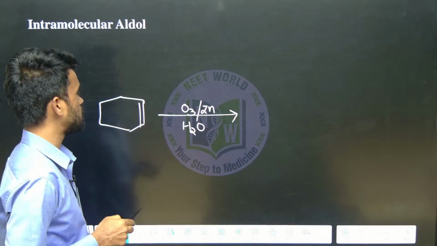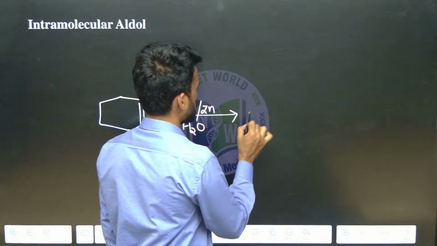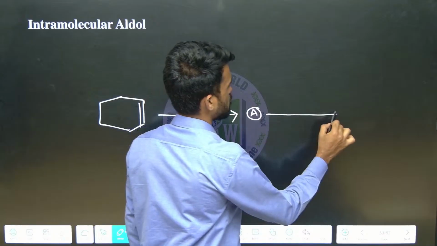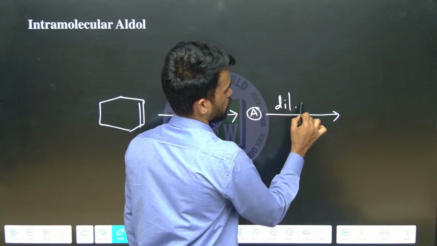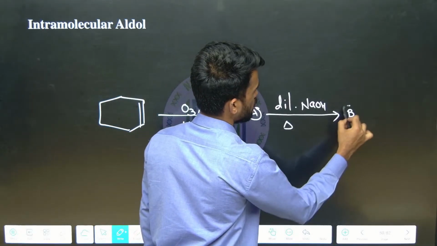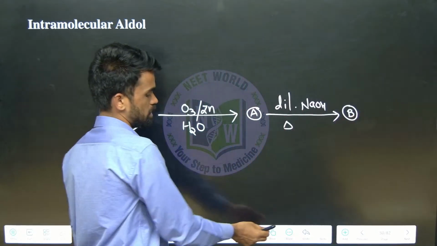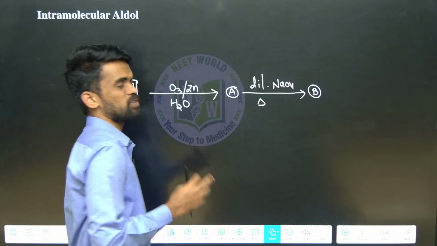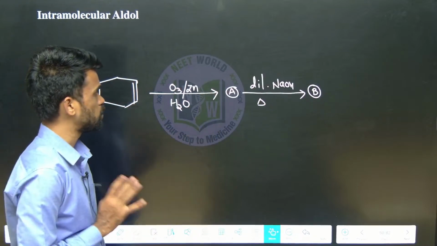So ozonolysis takes place and gives you a molecule A. This upon treating with dilute NaOH followed by heating gives you B. Now they will ask us what are A and B in this reaction. These model questions are frequently asked in the exam, so it is very important to know this.